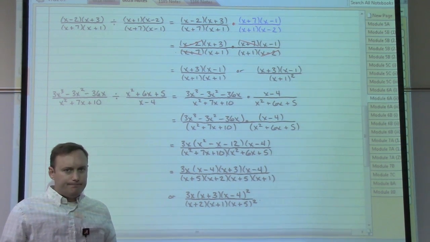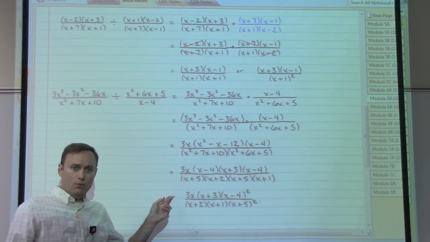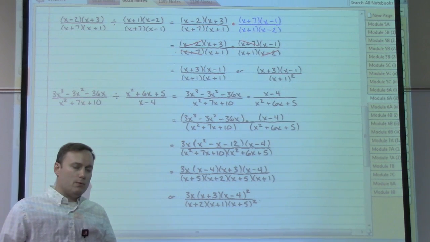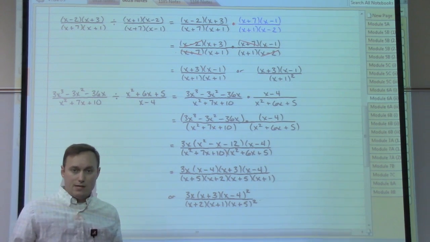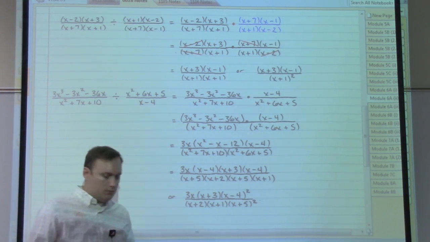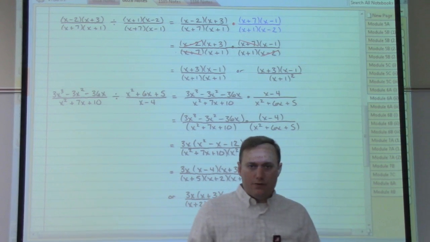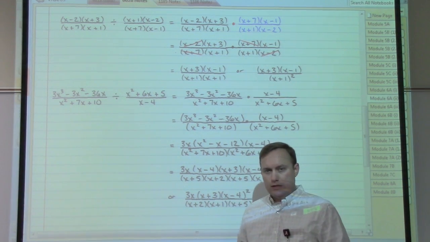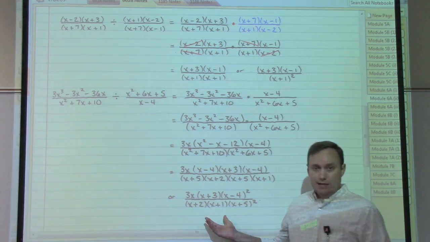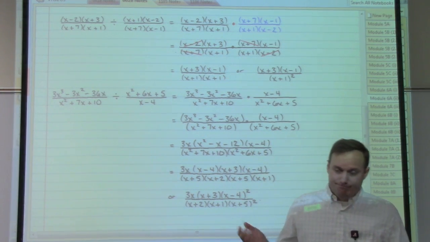But again, we can't know whether reducing will take place unless we go through the trouble of factoring as much as possible everything that we have in the numerator and everything that we have in the denominator. So sometimes that work favors us by creating a shorter answer because reducing does take place, and sometimes it does not. So be it.